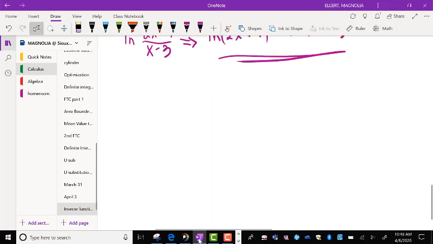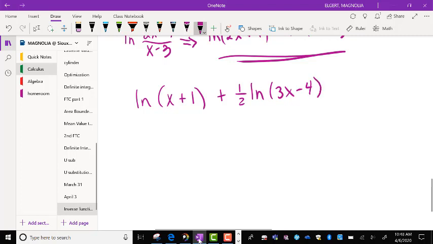Let's just try one with, I don't know, natural log of x plus 1 plus 1 half natural log of 3x minus 4. First of all, this 1 half can become a power because it's in front of a natural log.